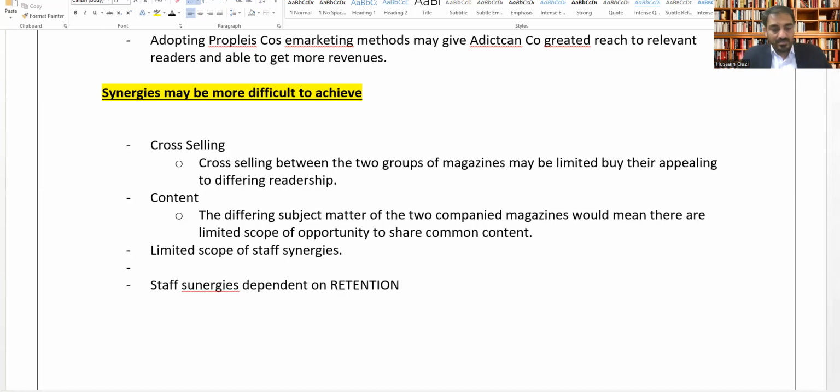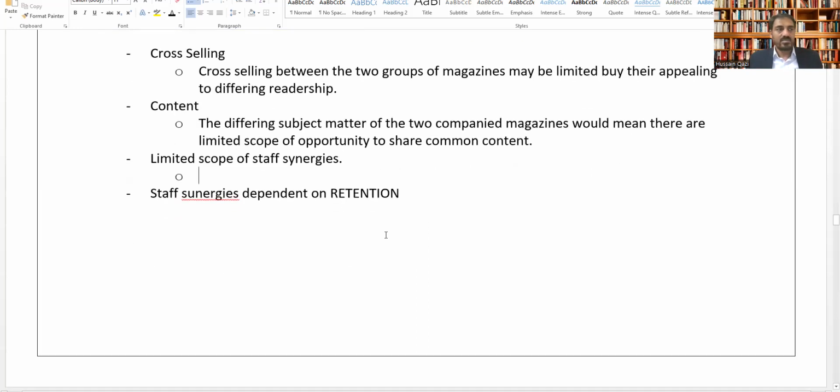Okay. Now, limited scope of staff. What does that mean?